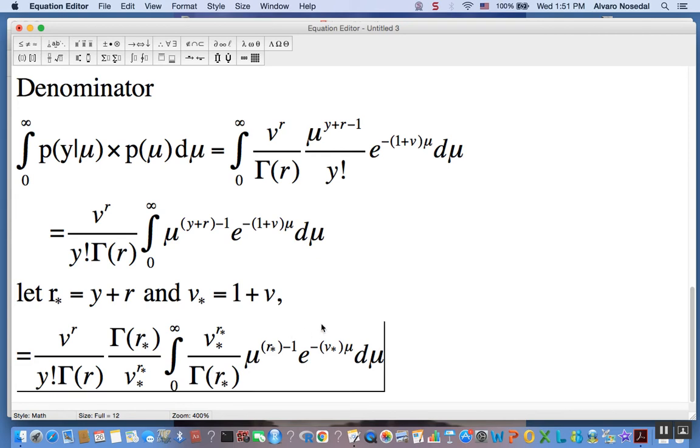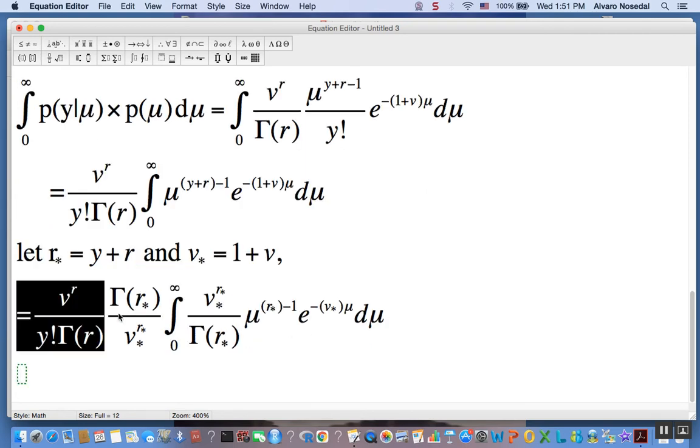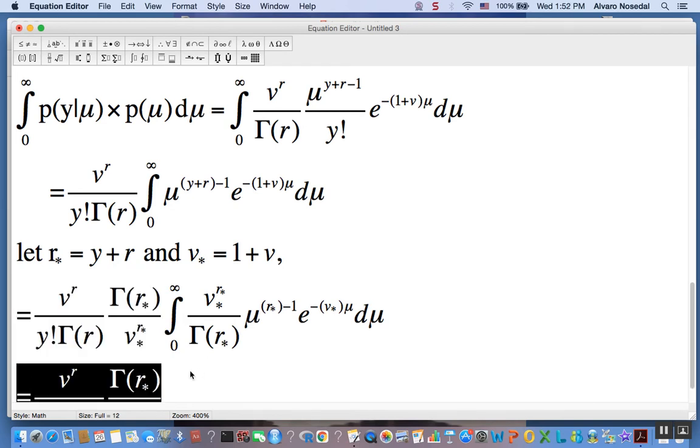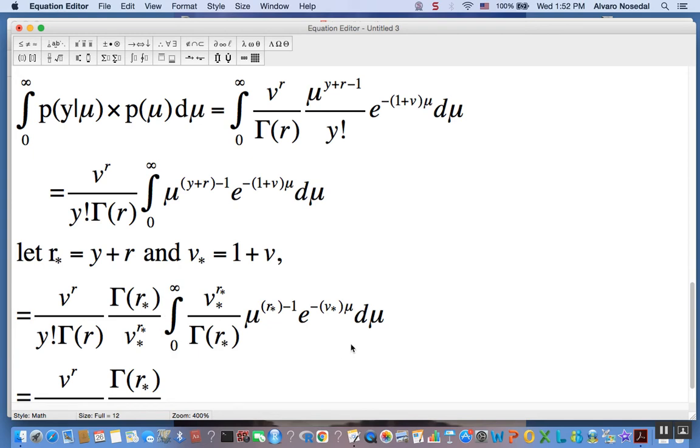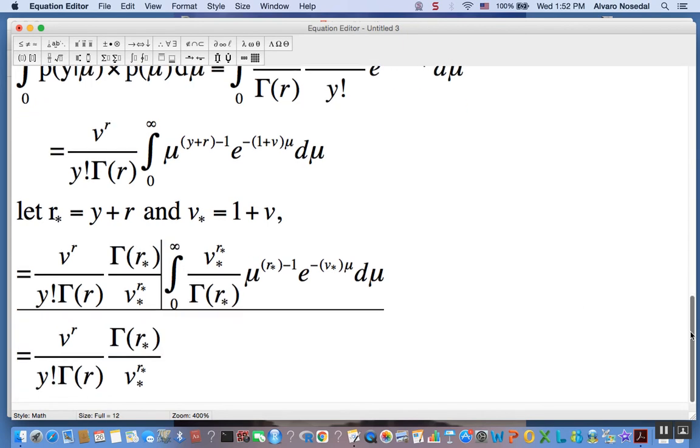So that integral is going to be 1. Agreed? Again, this is a gamma with parameters r star and v star, and that's a legitimate probability density function. We're integrating over the entire support. That must be 1. Okay?